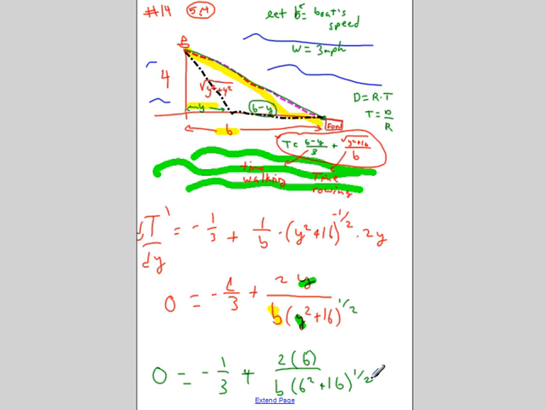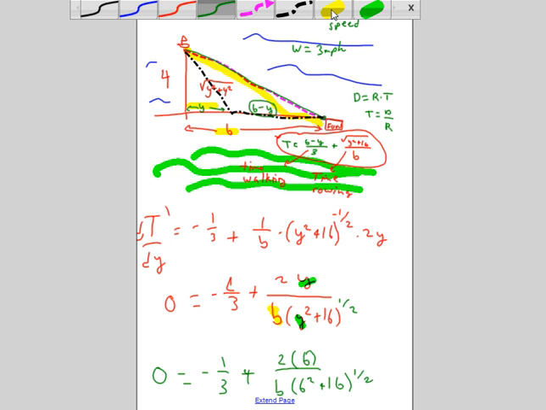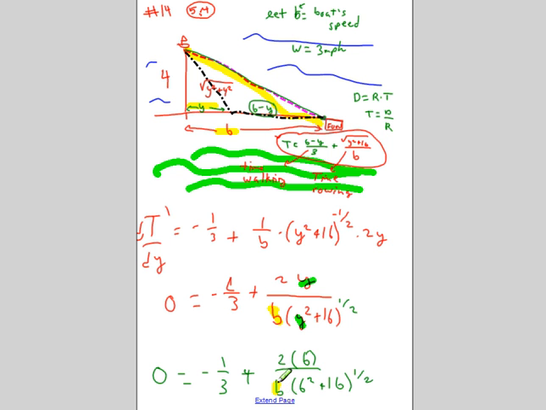All right, so now we've got this equation, and we need to solve it for b. When we solve this equation for b, that's going to find out what speed I need to row at so that I'm rowing straight to shore, and that minimizes my time. The whole idea was that we set y equal to 6, which implies that we're rowing straight to shore.